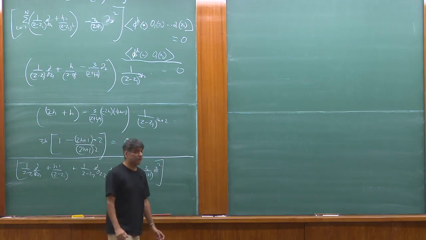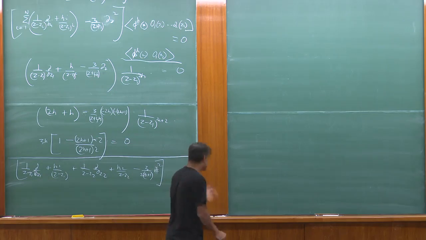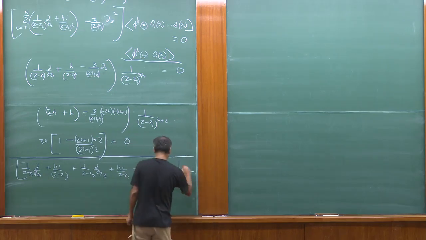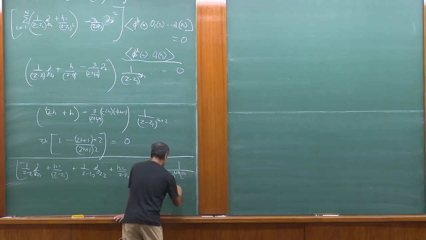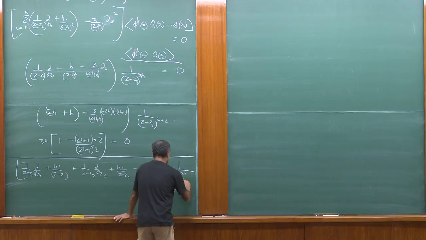Well, we also know the form of 3-point functions. So this is acting on z minus z1 to the power h plus h1 minus h2, z minus z2 to the power h plus h2 minus h1, and z1 minus z2 to the power h1 plus h2 minus h.